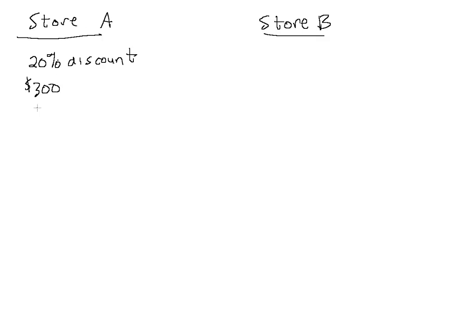Regular computer price of $300 is being sold at 20% discount at store A. Store B is selling the same computer at an everyday price of $320. Okay, and it's also having a store-wide sale of 25%. So everything in the store is on sale for 25%. We want to know which store offers the better value for that computer.